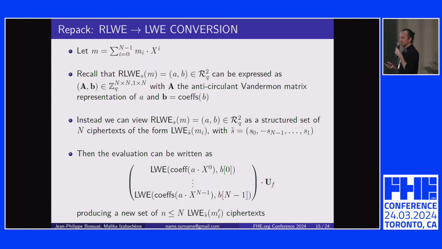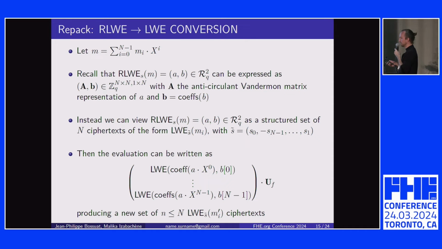And if we see it as a set of LWE samples, then we can actually do combination, addition, and constant multiplication on these LWE samples with this matrix that we defined earlier. And we get back a set, not necessarily n, but n or smaller LWE samples, which is good for us because these are structured ciphertexts like we would like.